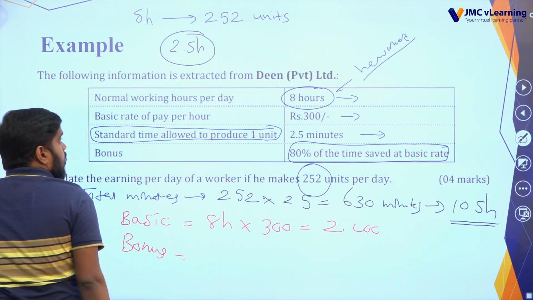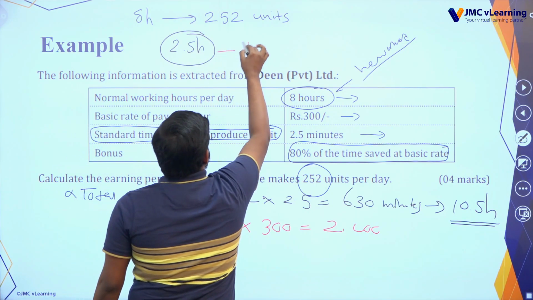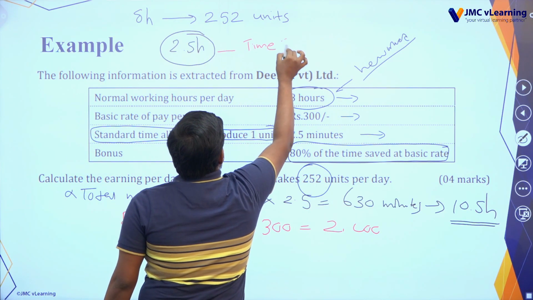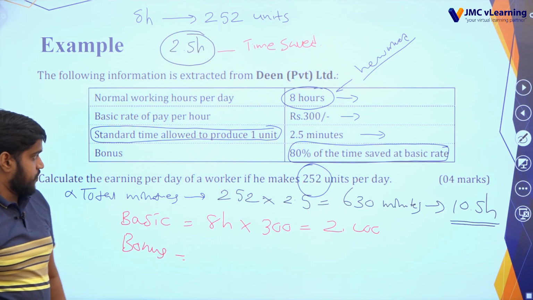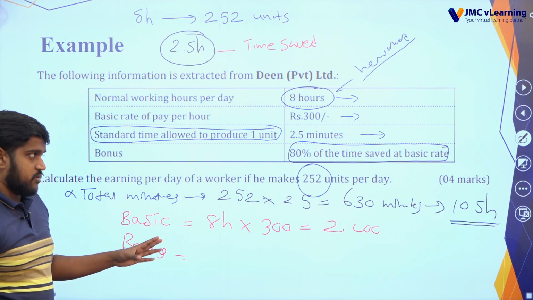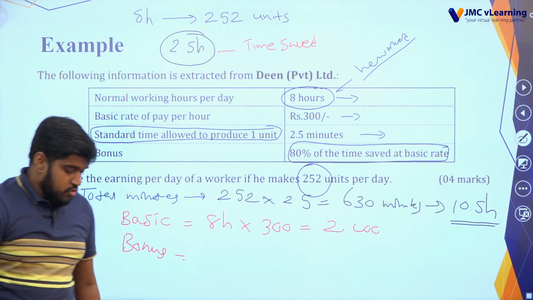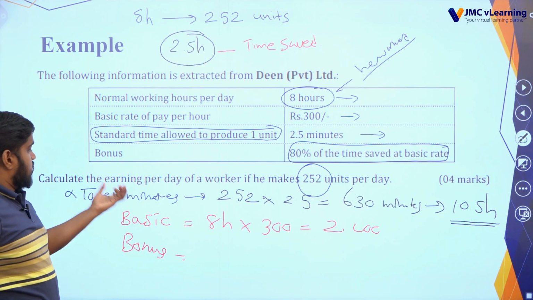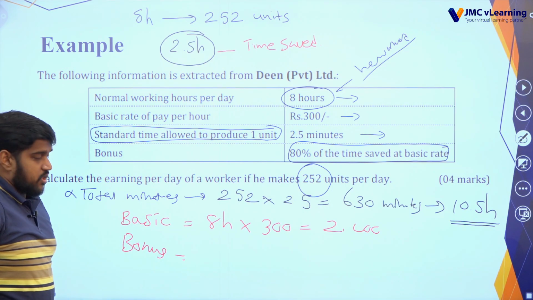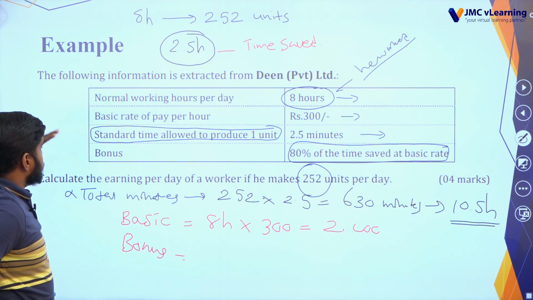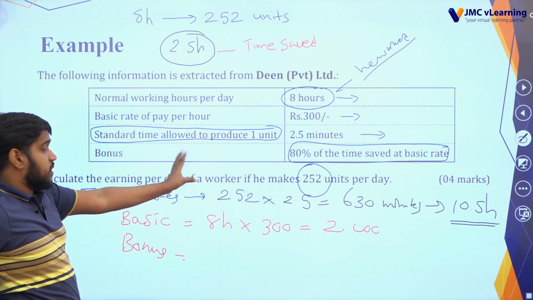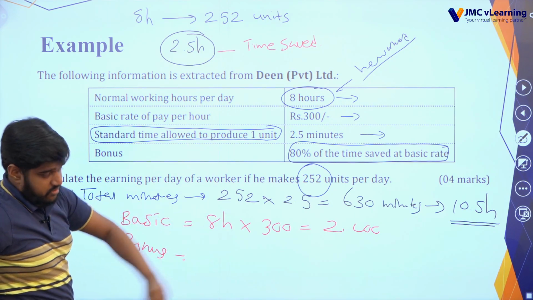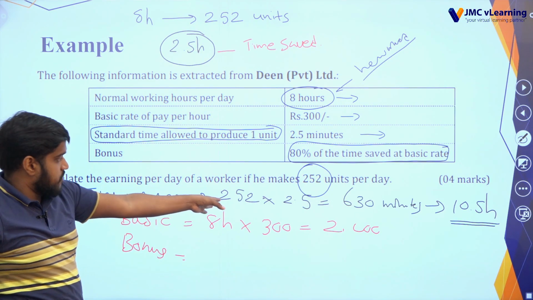Then we have calculated the time saved, which is 2.5 hours. I hope you realize where we get this time saved. First we need to identify the total standard time allocation for these 250 units.